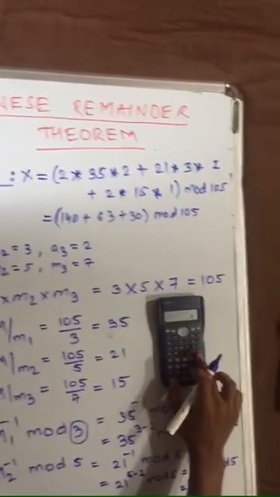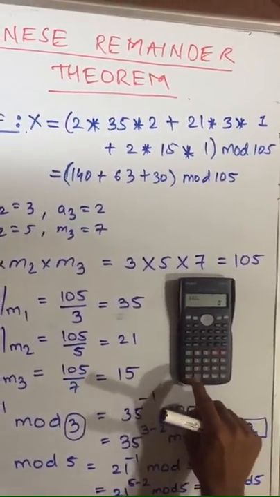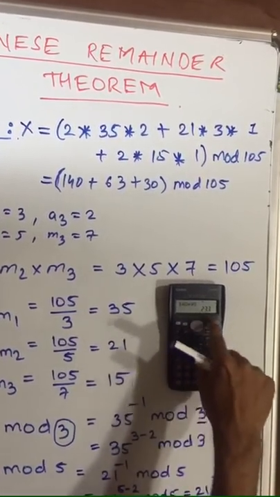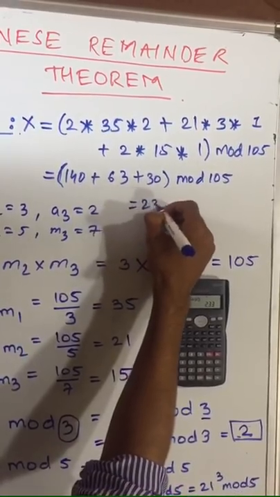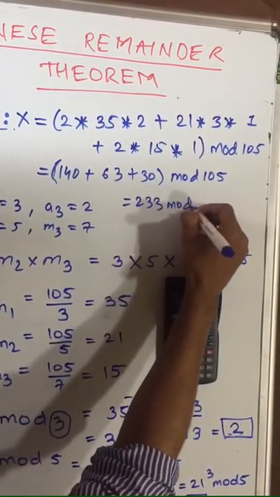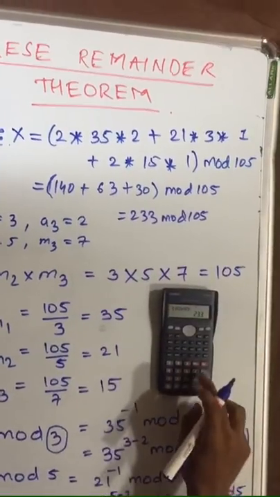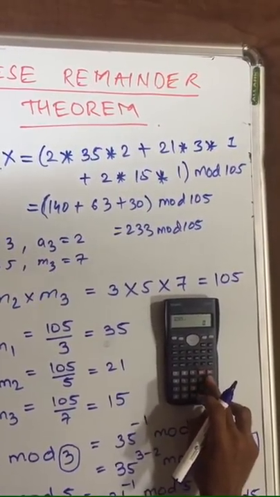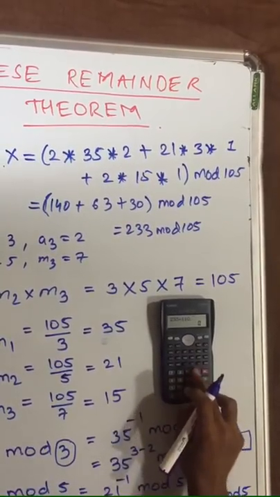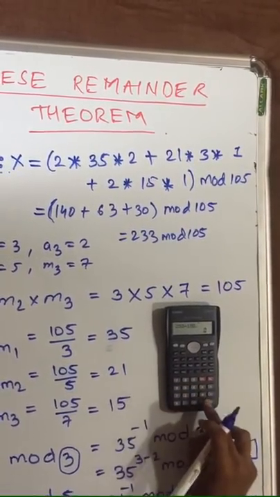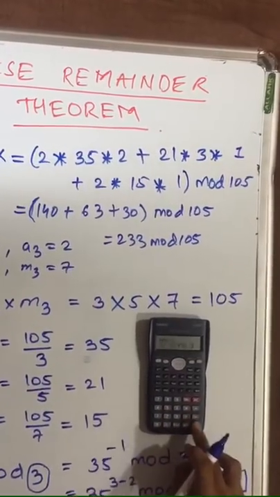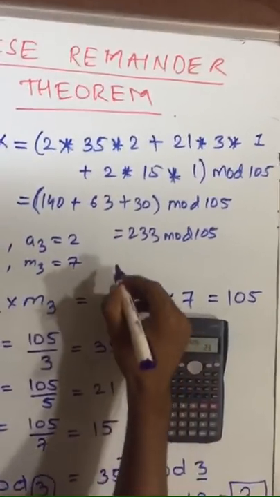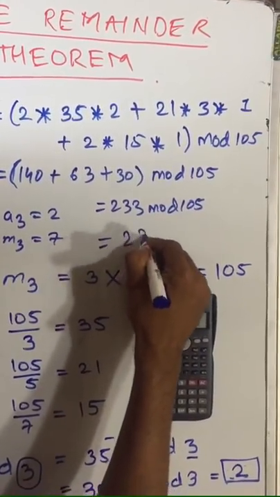The summation of all three numbers is 140 plus 93, which is 233, mod 105. Now you have to find 233 mod 105, which will be equal to 23. So our capital X is 23.